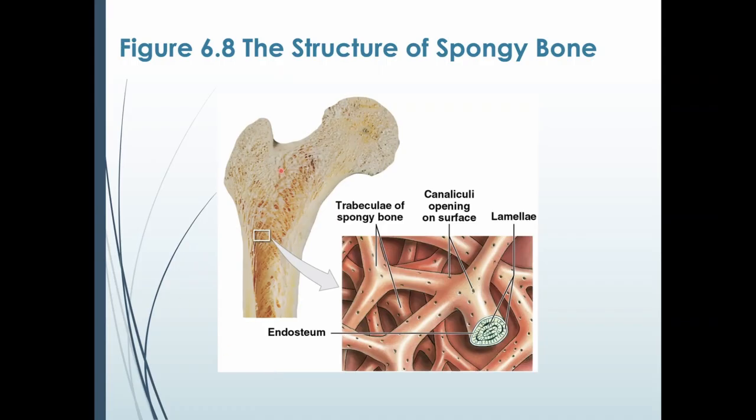You can see it just has this strong network of trabeculae, it literally helps to provide the ability to absorb impact. Okay. Otherwise, if this whole end were compact bone, your femur head would snap. Yeah. So this is just perfectly made.